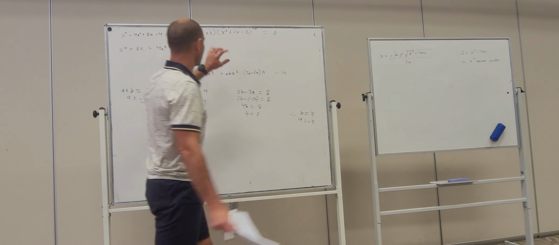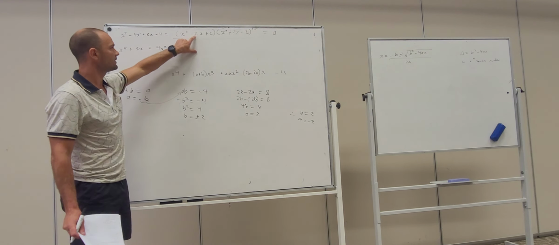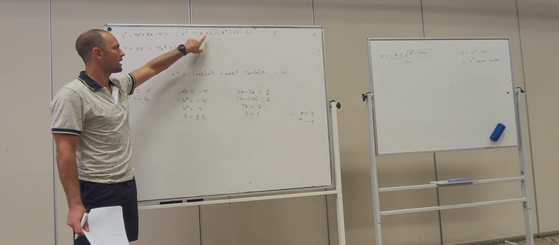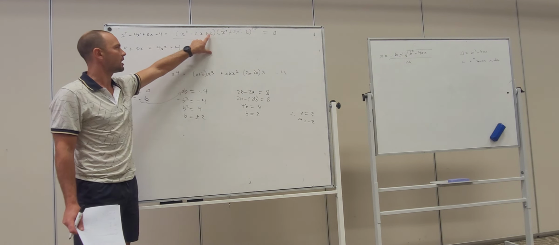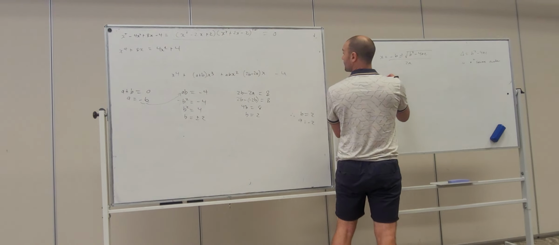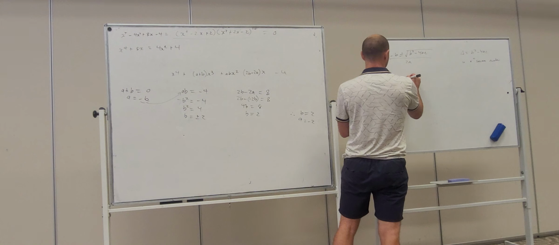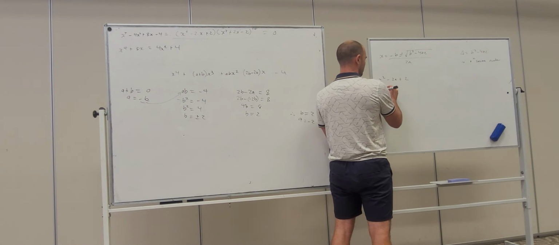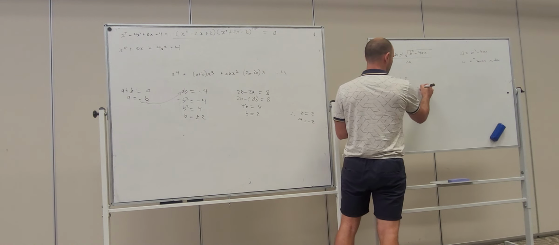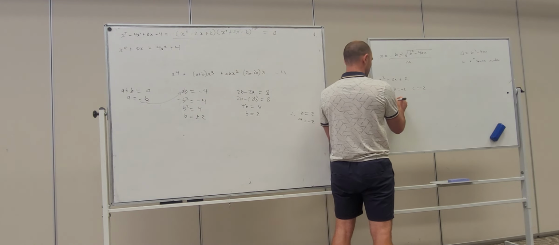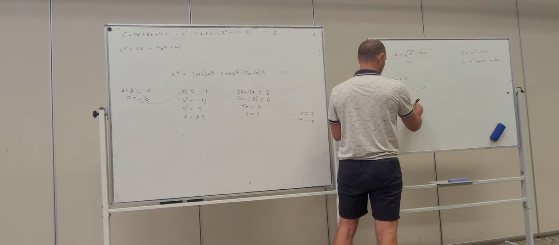If we look at the discriminant of these, b squared, so that'd be 4, take away 4 times 1 times, let's write it out. So we've got x squared take 2x plus 2. So a corresponds with 1, b corresponds with minus 2, c corresponds with 2. b squared, take 4 times a times c.